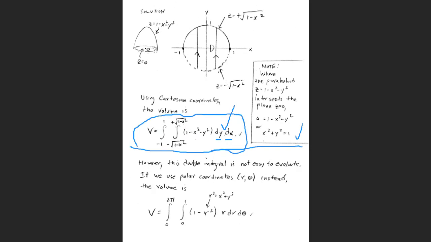Well, you can get the antiderivative with respect to y of this integrand, but when you put in these square root limits, the resulting integral is going to be a little bit complicated. I'm not saying you can't work it, but it's certainly going to be a little complicated. So, being that the paraboloid intersects the plane in a circle, how do we know that?